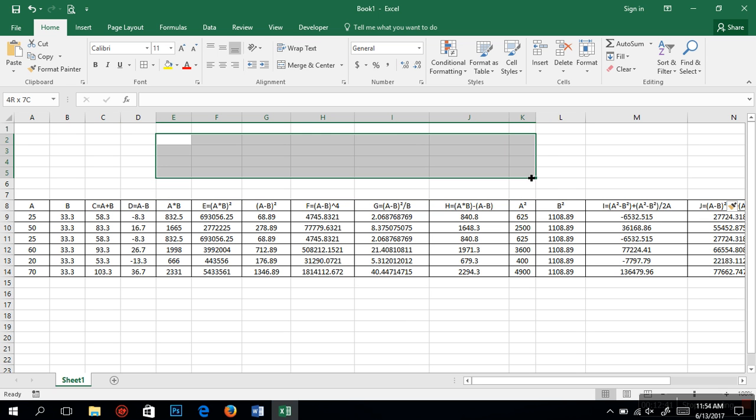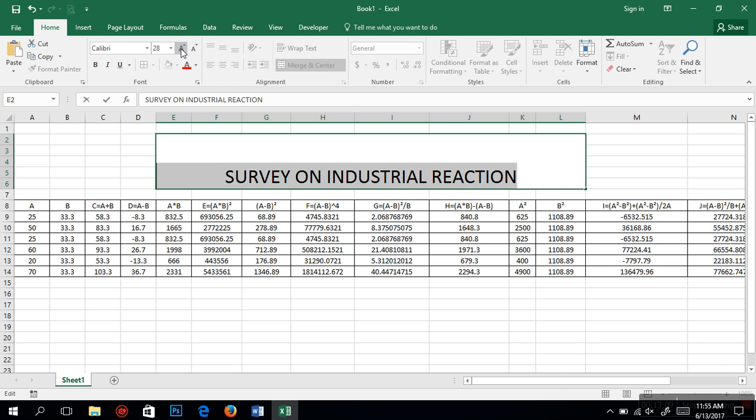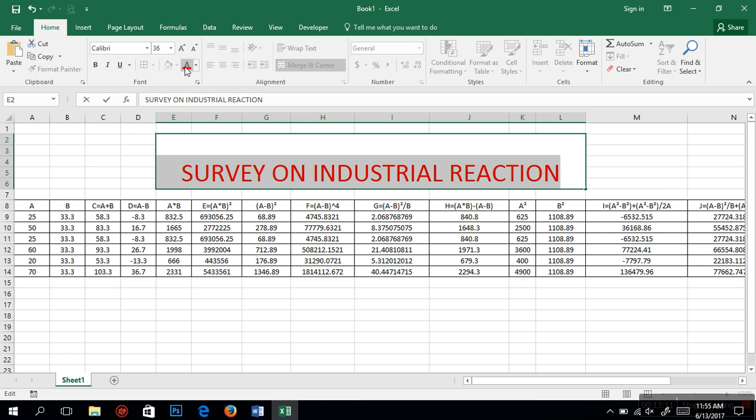Highlight where you want to write the name, merge and center, survey on industrial reaction. Highlight it and then grow it. I will give it a color, click out, click back, give the background a color.